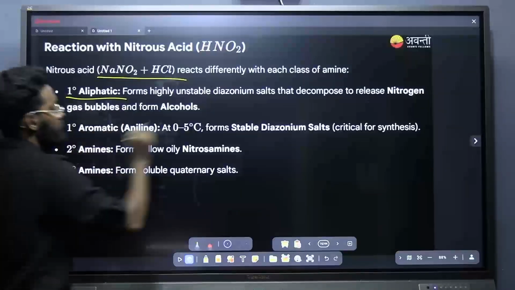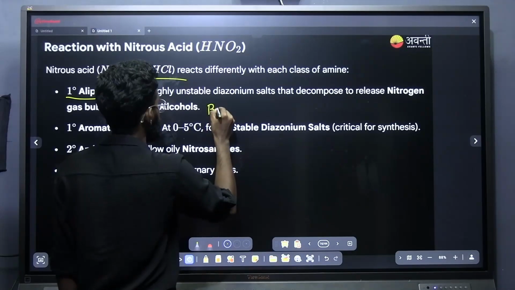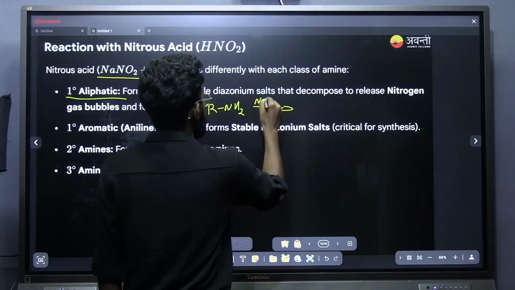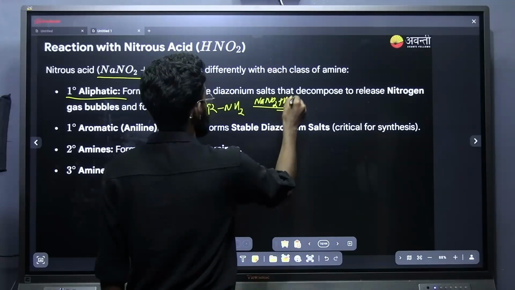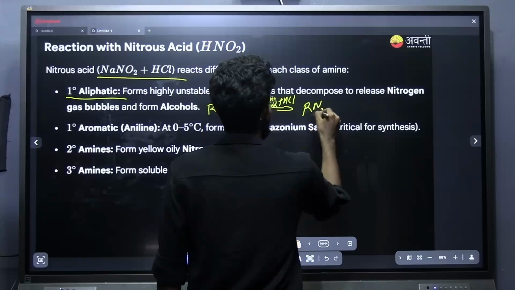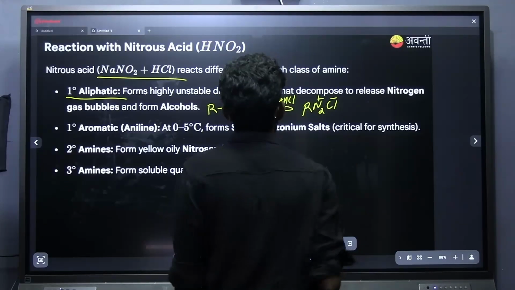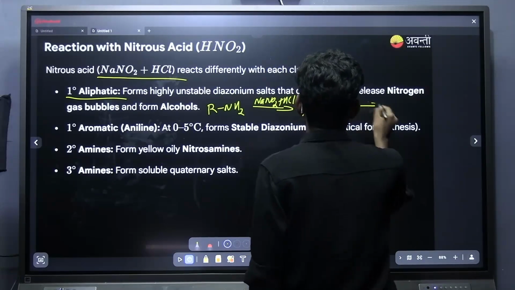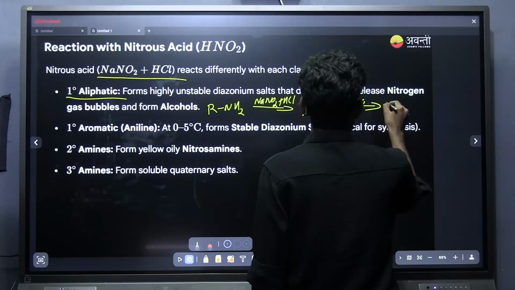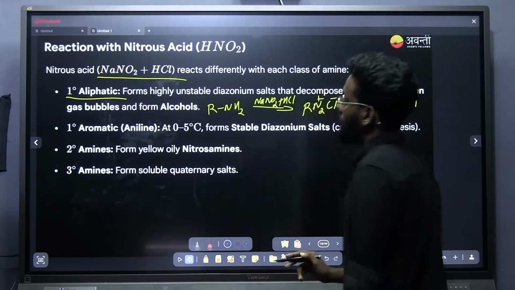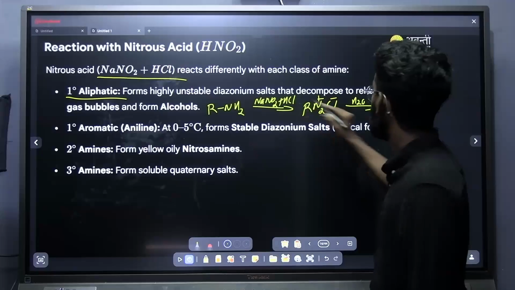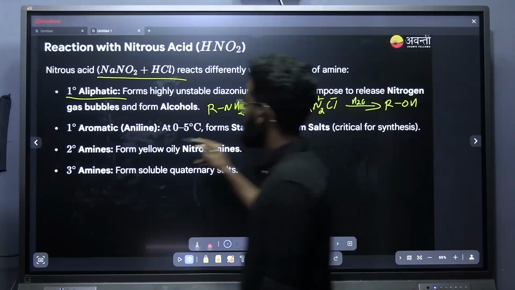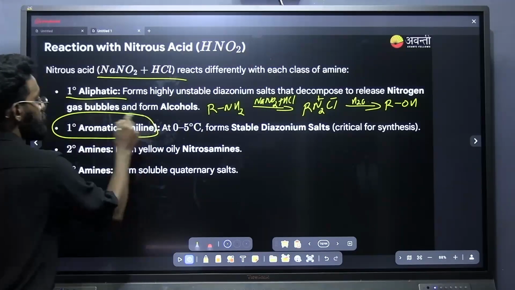If I treat a primary aliphatic amine with NaNO2 plus HCl, what will I get? RN2Cl, an alkyl diazonium salt, which is very unstable and will be converted to ROH, alcohol. Primary aliphatic amine on treating with nitrous acid gives alcohol. Now, in the case of primary aromatic amine, what will I get?